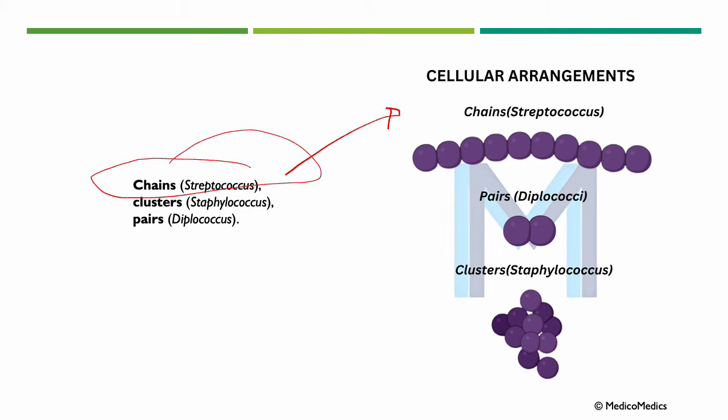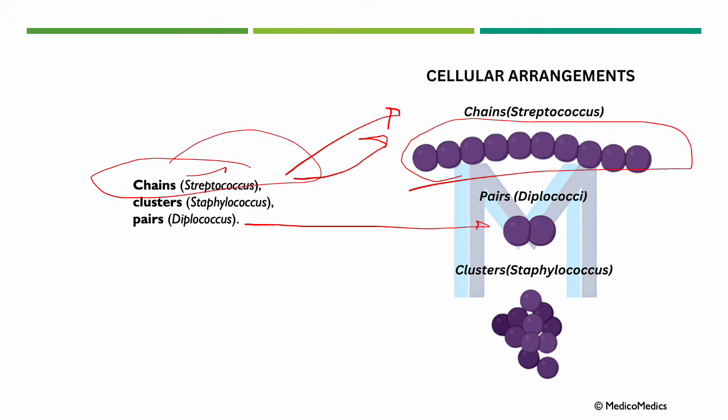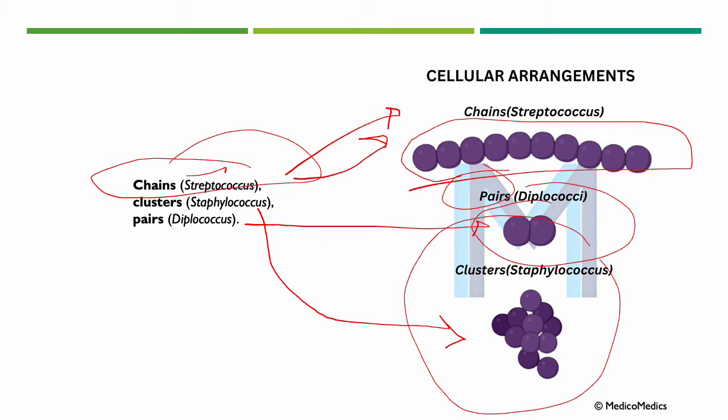So as we mentioned, the chains seen in, for example, Streptococcus, we can see here the pairs in Diplococci. You can see it here. And of course, clusters in Staphylococcus, you can see illustrated here. Now let's continue on to bacterial cell envelopes.